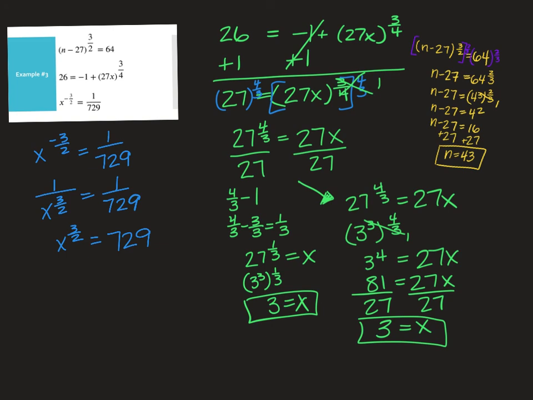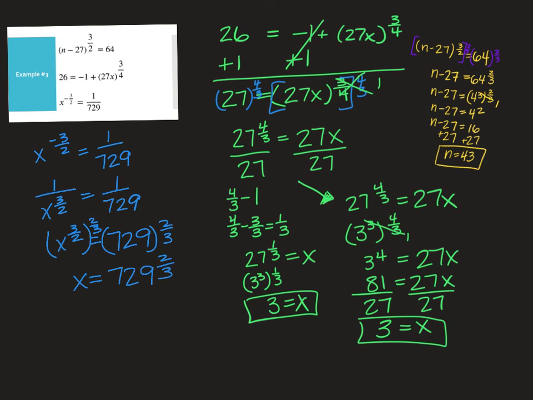Okay, so then I'm going to raise both of them to the 2/3 power. And on the left side, they're going to cancel, and I'm going to be left with x, and then x is equal to 729 to the 2/3 power.